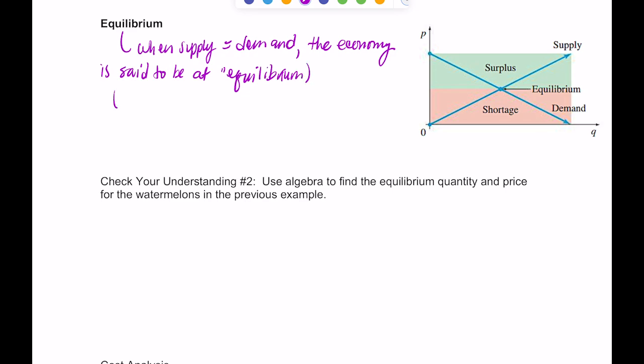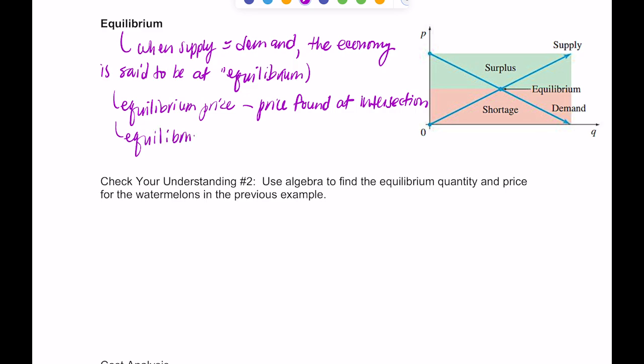I also want to point out the term equilibrium price, which you can imagine is just the price found at the point of intersection. And then, of course, the equilibrium quantity would just be the quantity found at the point of intersection.